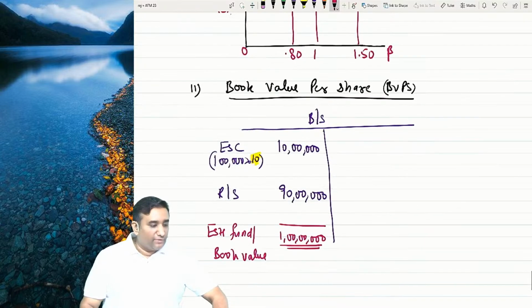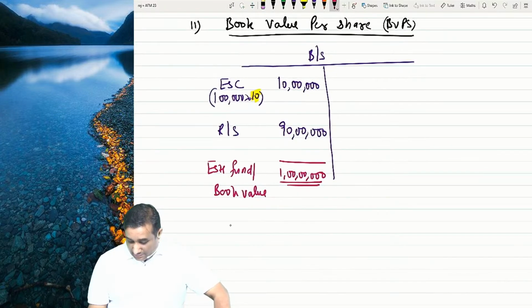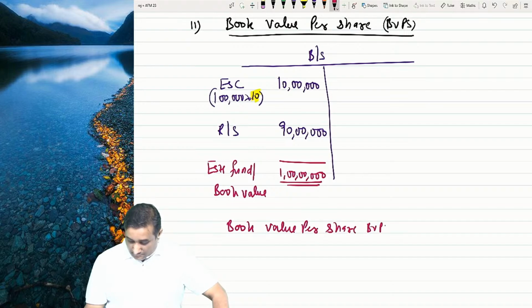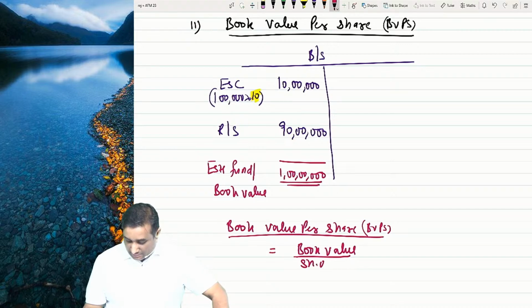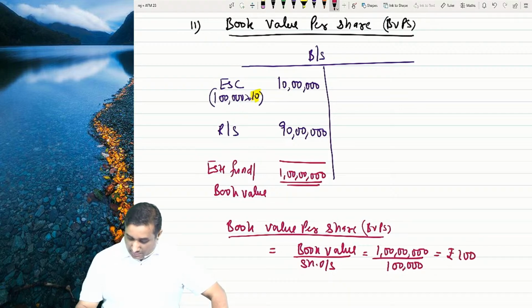Now if I calculate book value per share, that will be equal to book value divided by what? Number of equity shares outstanding. Book value is 1 crore divided by 1 lakh. It becomes equal to rupees 100.